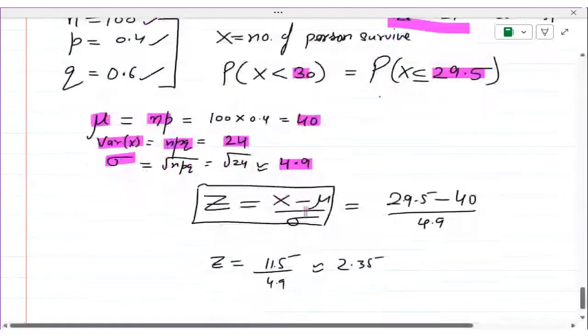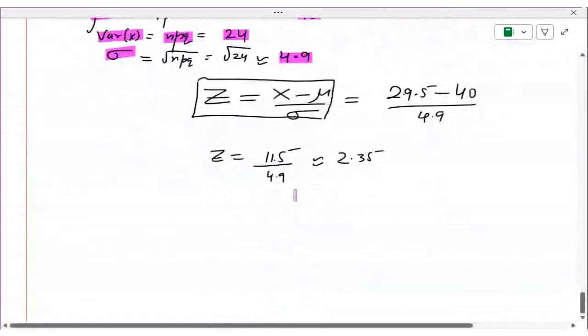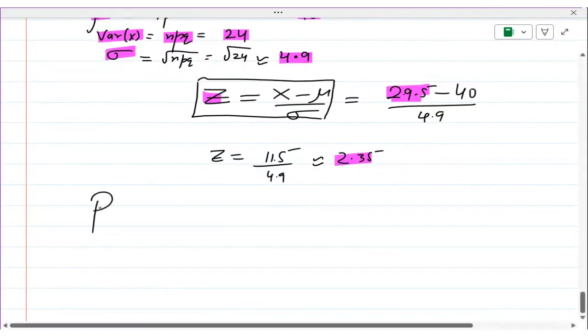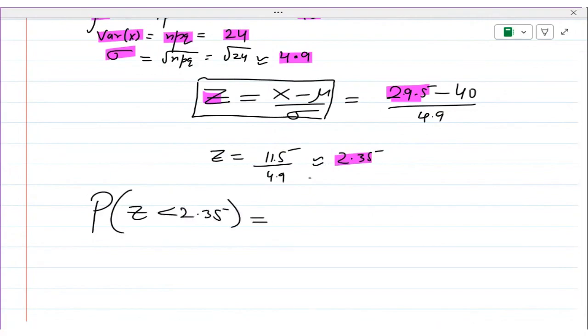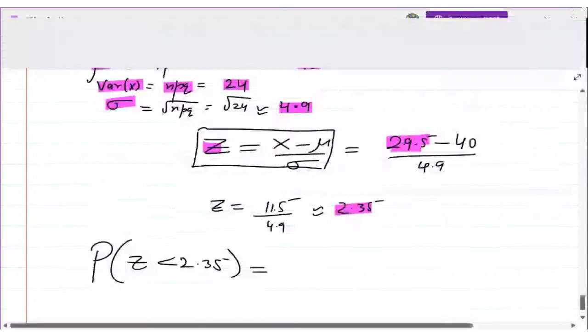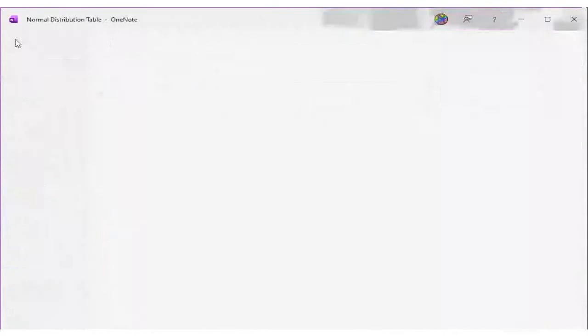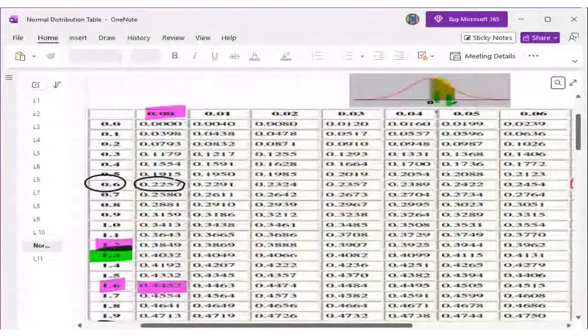Now we have converted this 29.5 in terms of Z, because we know the standard normal distribution only. So we have to find the probability of X less than 29.5, which means Z less than 2.35. We have to see the table. So, students, as usual, I will find the probability between 0 and 2.35.